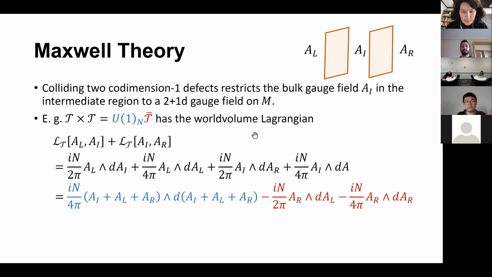Here I just give you a taste of how things work. In general, this works for both duality and triality defects, and we can also use it to derive the fusion between symmetry defects and the duality and triality defects.